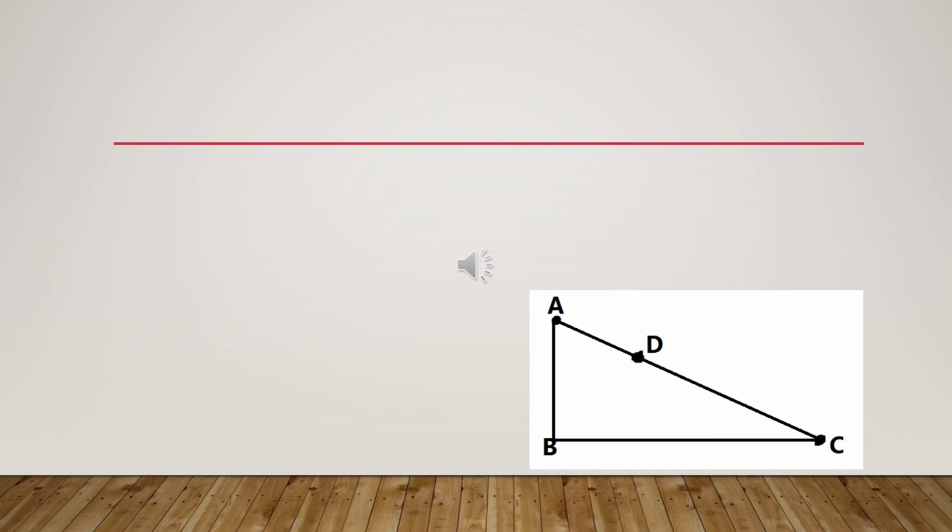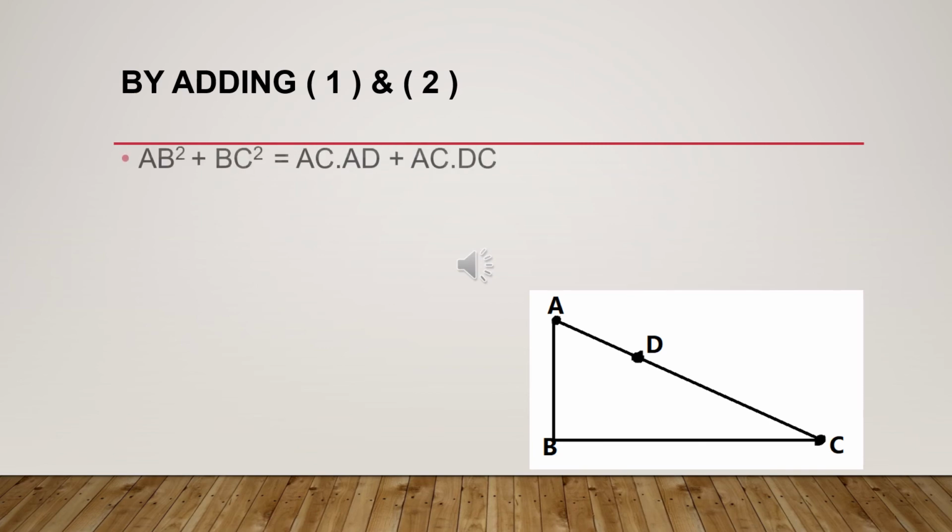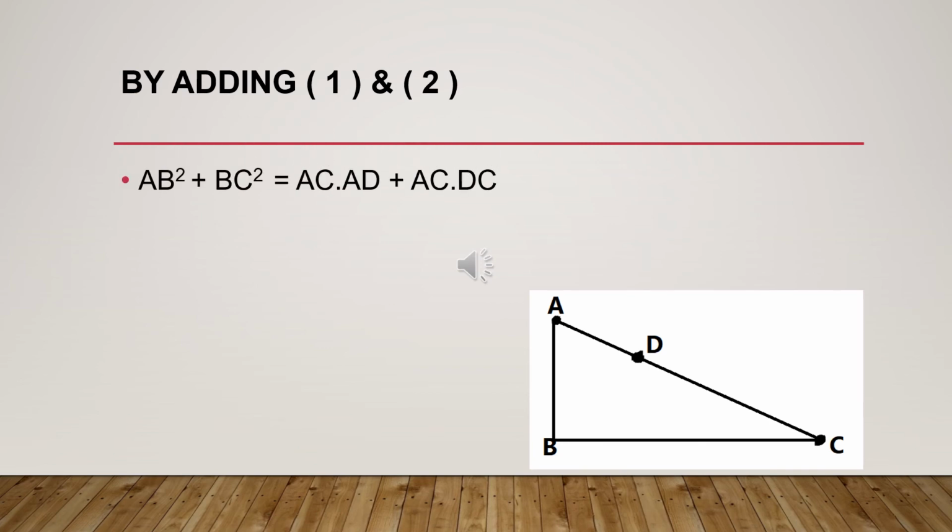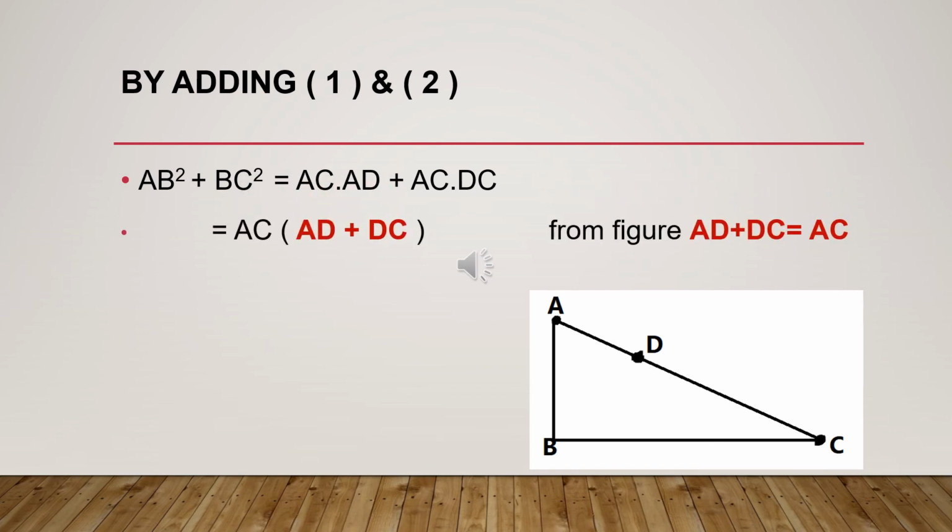By adding equation 1 and 2, we get AB square plus BC square is equal to AC into AD plus AC into DC. Take AC common outside, AC into AD plus DC.